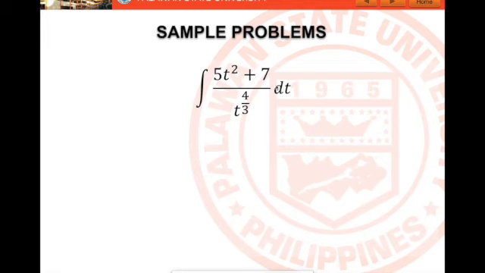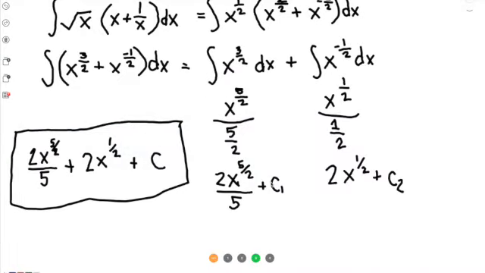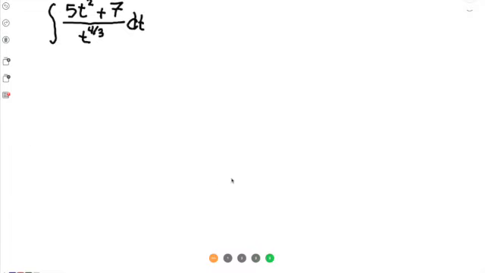So now, okay, tama ba? This is 5t squared plus 7 over t to the 4/3. Okay, so now, what should we do with this one? Have we learned any pattern yet to solve this one?